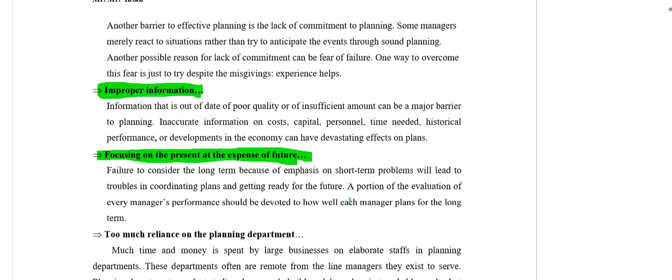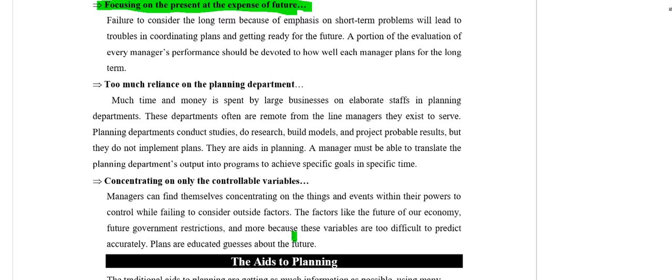Number five, focusing on the present at the expense of the future. So we have to focus on future, and long-term planning should be there in strategic planning. So if we focus on present, then we will definitely face problems in future. Number six, too much reliance on planning department.